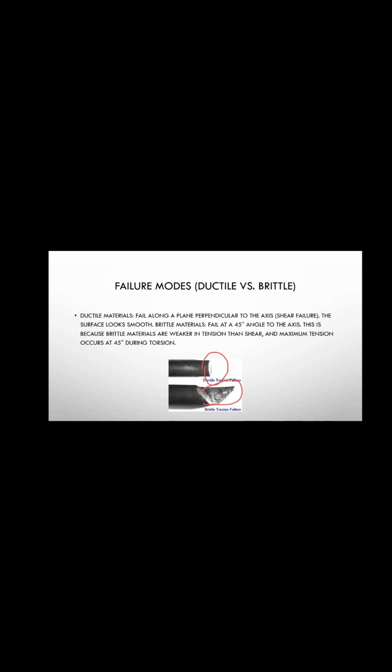The ductile surface is even, while the brittle one has an irregular shape. In brittle materials, the material fails at a 45-degree angle to the axis. This is because brittle materials are weaker in tension than shear, and maximum tension occurs at 45 degrees during torsion.